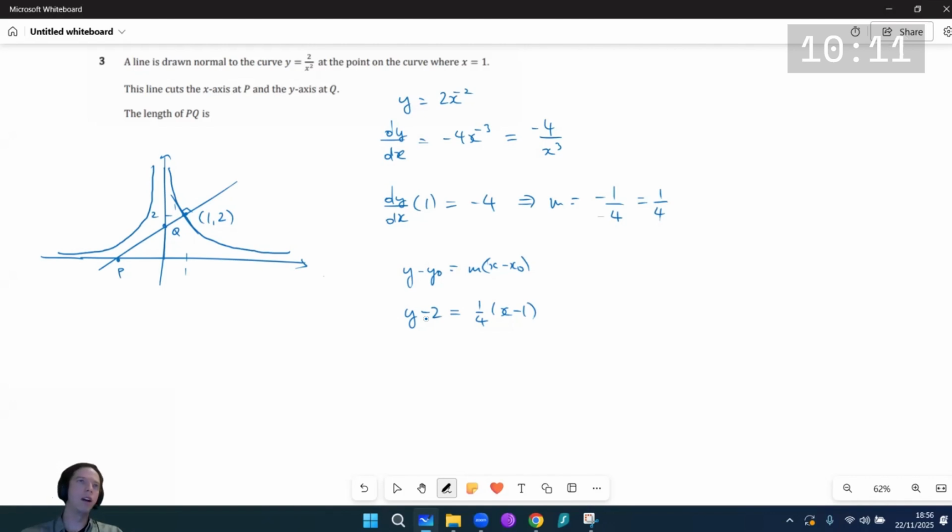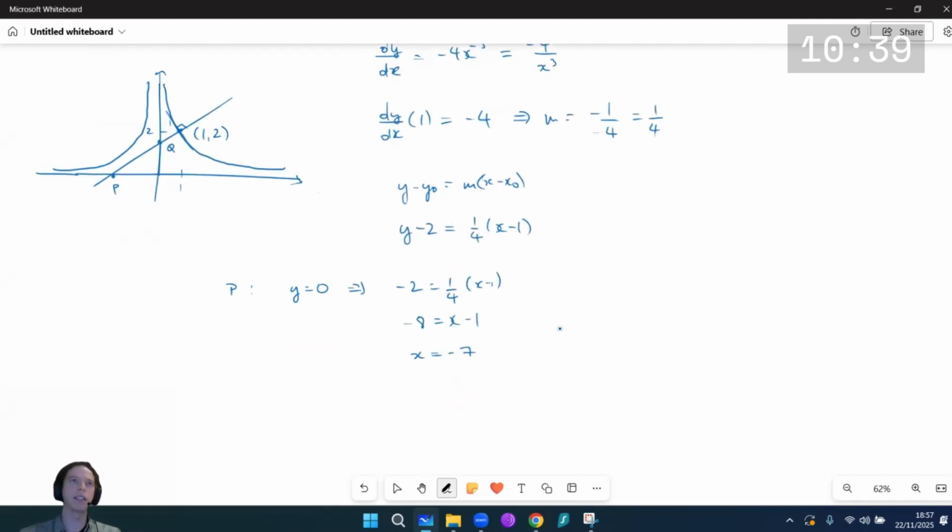At this point, I'll set y to be 0, so that's for P. Plug that in, so we get -2 equals a quarter times x minus 1. Multiply by 4: -8 equals x minus 1. So x equals -8 plus 1, which is -7. Lovely. That makes sense according to the picture.